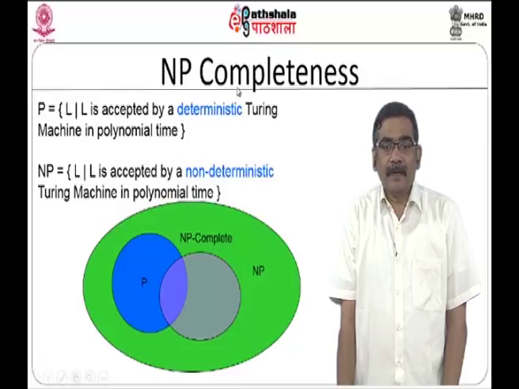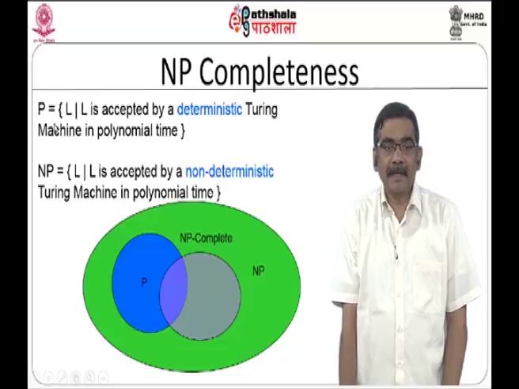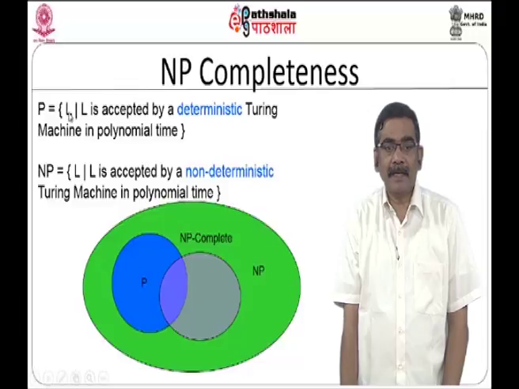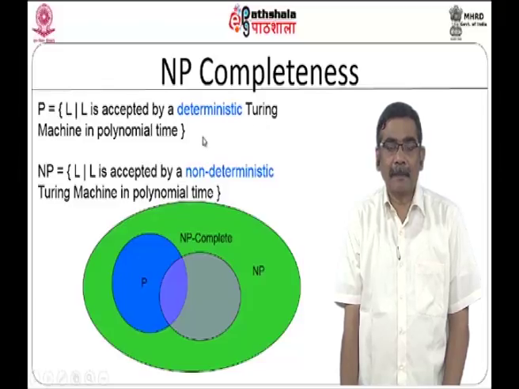So, now we can define NP completeness in terms of language. We can say that the P class is nothing but a language L, where L is accepted by a deterministic Turing machine in polynomial time. And we can also rephrase the formal definition of NP: NP is nothing but a language L, where L is accepted by a non-deterministic Turing machine in polynomial time.